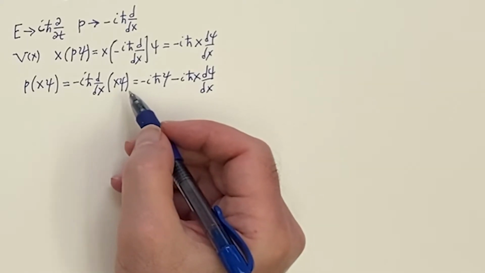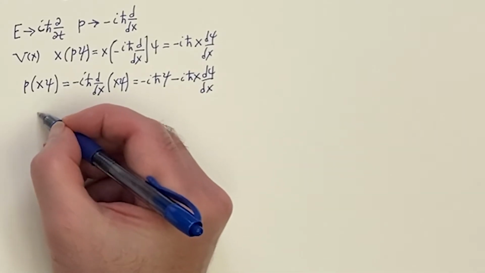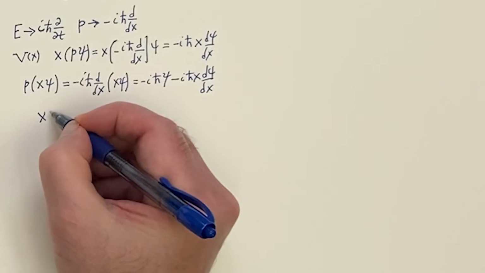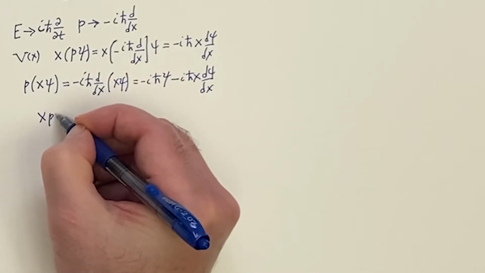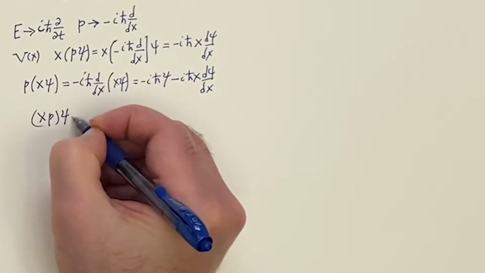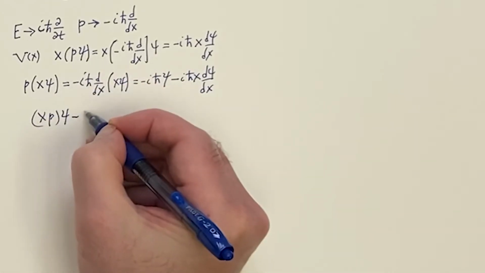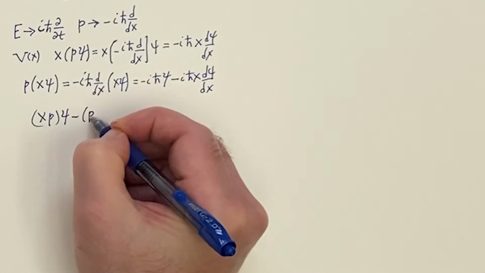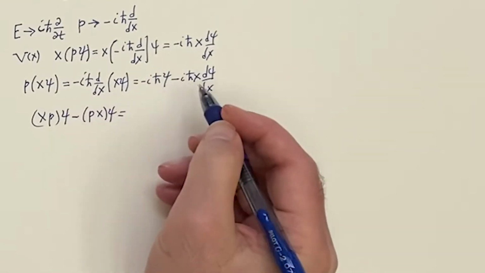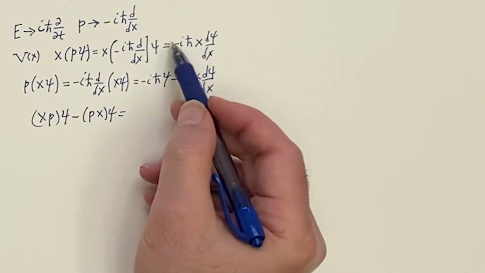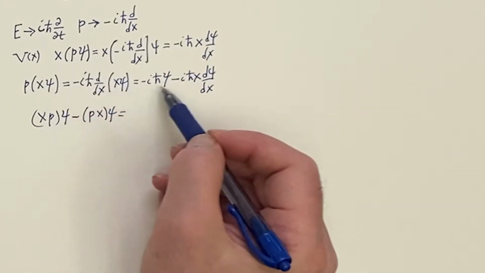And now the thing is, if you subtract them, if you take the x with the p, in that order first, and then subtract this one where you have the p second and the x working on it first, you would be taking this one, top one, subtract this one.